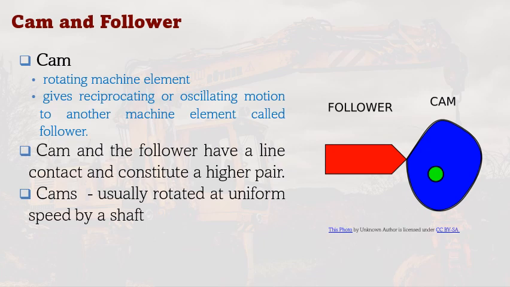As you can see here in the image, we have the cam, which dictates the motion of the follower, and the follower. The cam's rotation is dictated by the rotation of the shaft, while the follower depends on the profile of the cam.